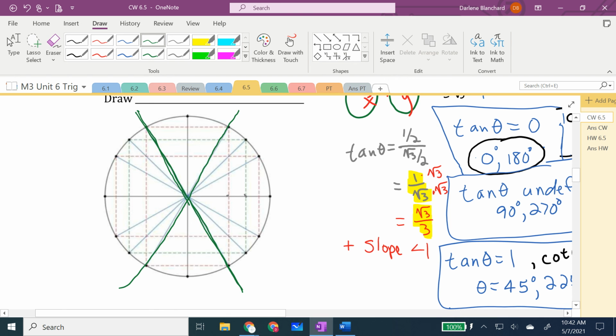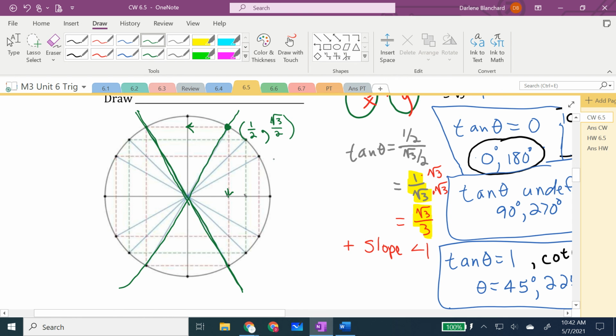Look at both of these lines, they have the same steepness. For this point, its x-coordinate is 1/2. Its y-coordinate is √3/2.